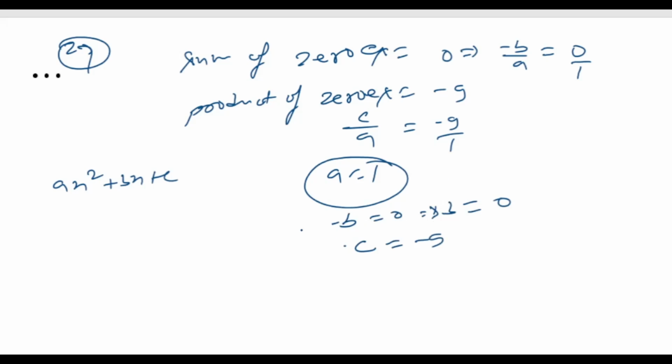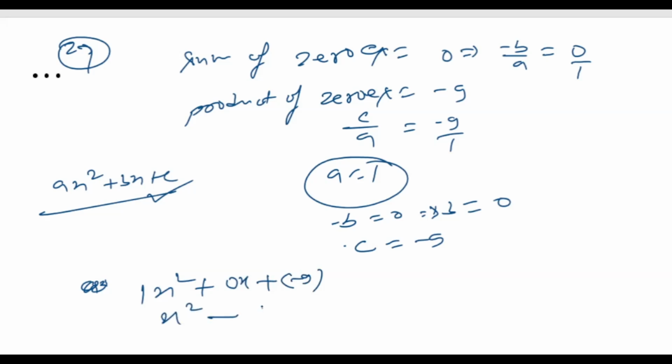Substitute a, b, c in this format, because this is the form of a quadratic polynomial. So a x square, a is 1, so 1 x square plus bx, b is 0, so 0x, plus c, c is -9. In standard form, this gives you x square minus 9.